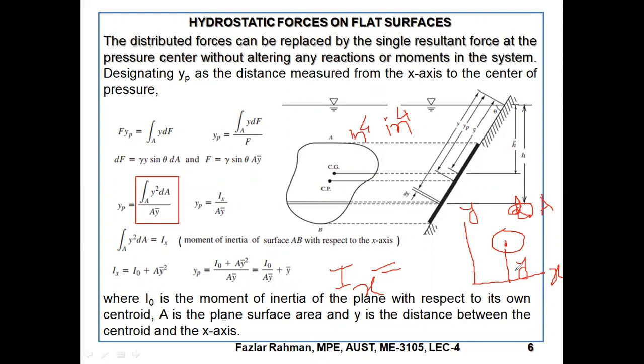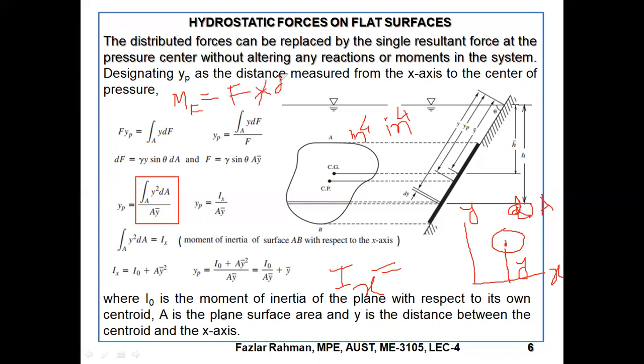Moment of inertia is a double moment. At first, area into y, where y means CG, so you make an area moment. What is the force moment? If I say moment of force equals force into distance, right?